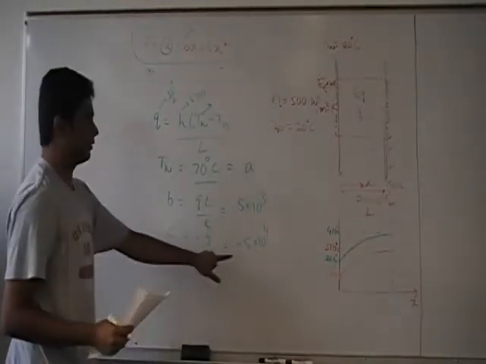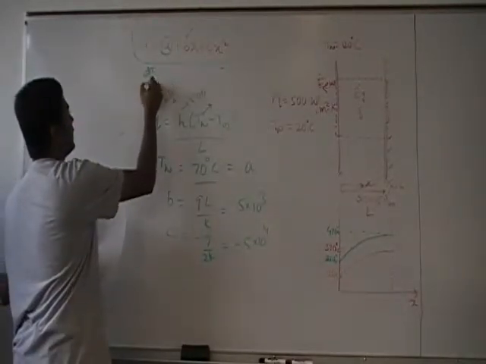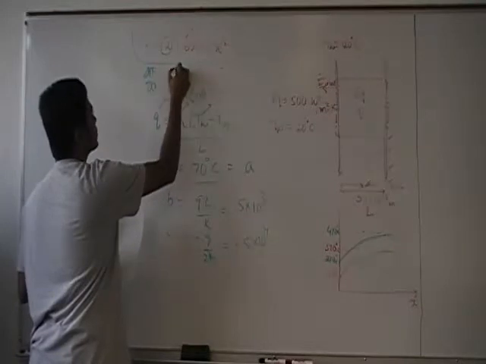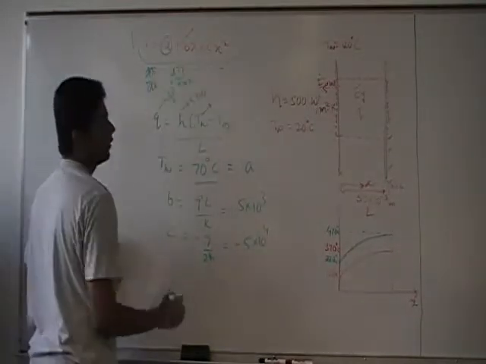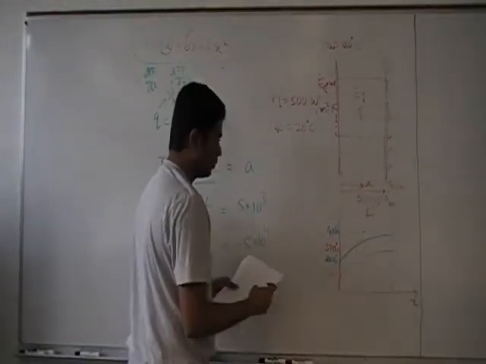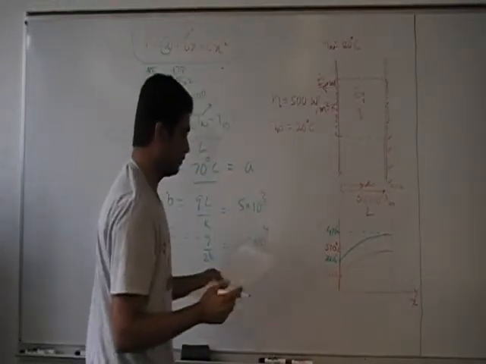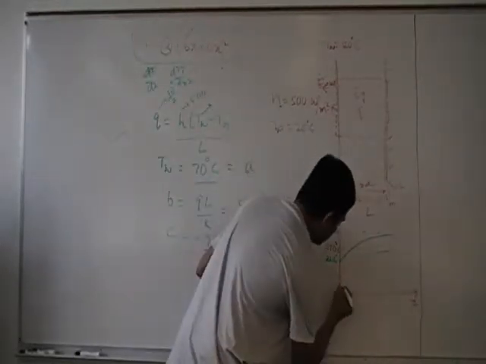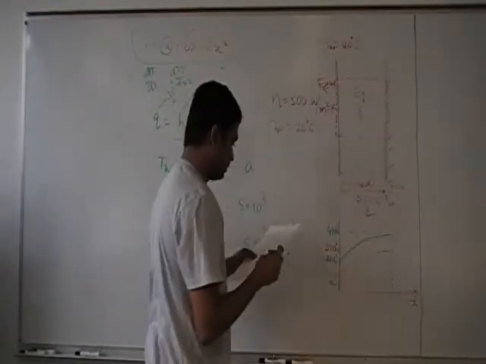So these values have changed, and so we expect the slope, or both the dT by dx and the d squared T by dx squared terms, to change. And so the temperature profile will have a different slope. It will generally be the same shape, but it will have a different slope. So we're looking at 70 degrees Celsius. Let's mark this as 70 degrees Celsius.